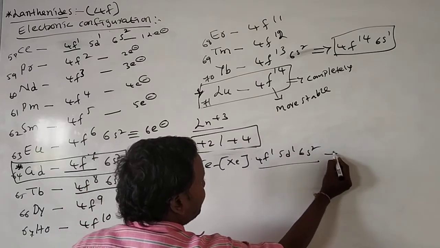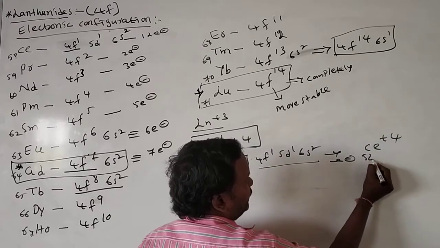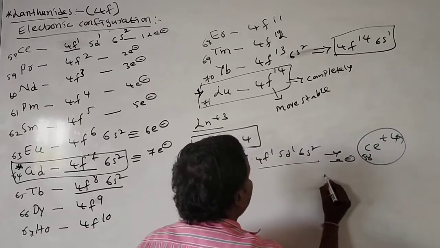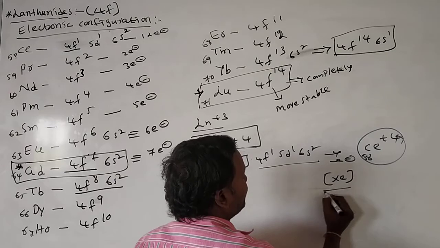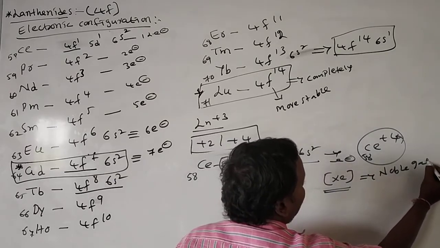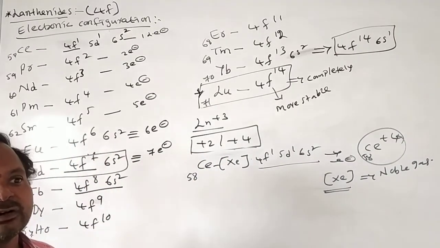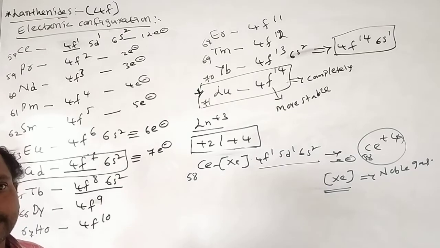If it loses 4 electrons, we get cerium +4, and cerium +4 is stable. Why? When it loses 4 electrons, it gets the noble gas electronic configuration. That's why cerium +4 is the more stable oxidation state of cerium.